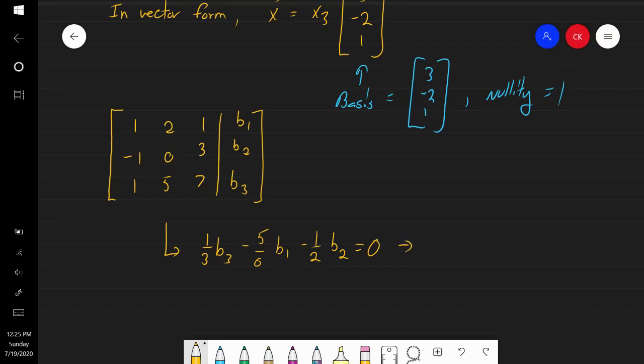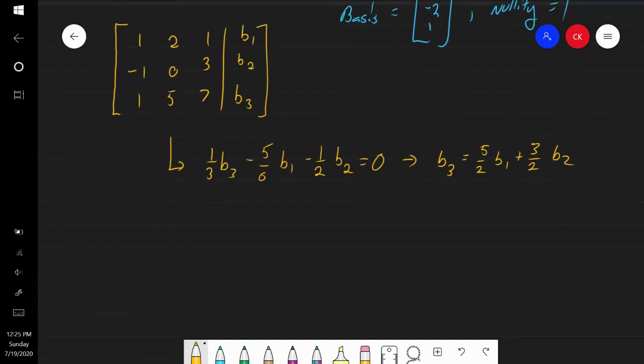So that's the condition for this system to be consistent. And we can solve this out for B3 and have that B3 is equal to 5/2 B1 plus 3/2 B2. And now we just need to express this in vector form. So this means that B1 and B2 are free or independent variables.